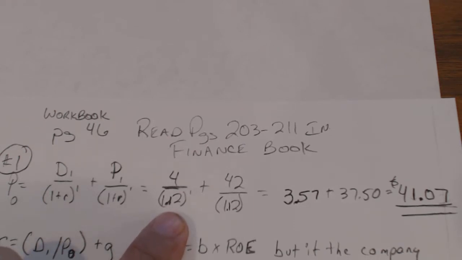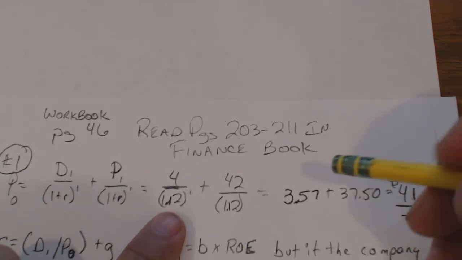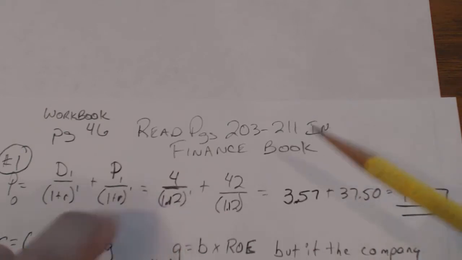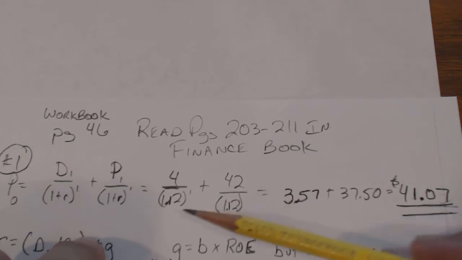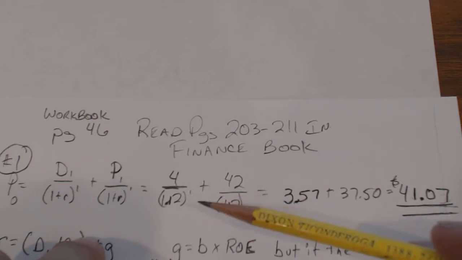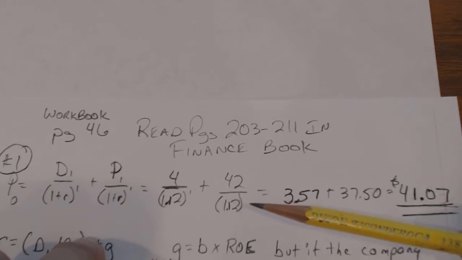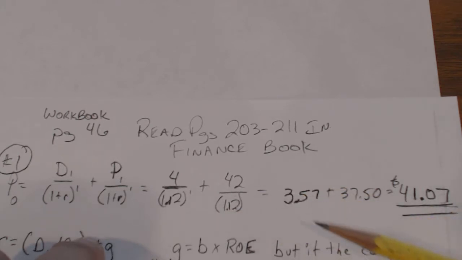So that's $4 for the dividend over 1.12 to the first power, and $42 over 1.12 to the first power. Okay, so you can actually add these two together since they're the same year. So it would be 46 over 1.12 to the first power, or I did it separately in this case, so it's $3.57.